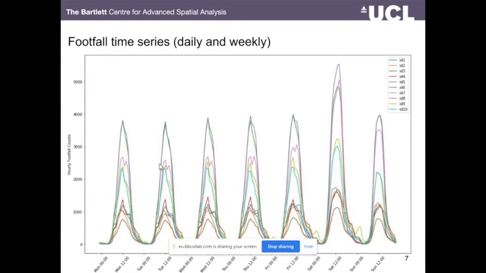Here it shows the daily and weekly pattern of the footfall time series in different cameras. We can see that in each day, the peak of the footfall is at 12 p.m. And if we compare the footfall on different days, Saturday is the peak. So the weekly pattern of the footfall is also very obvious.